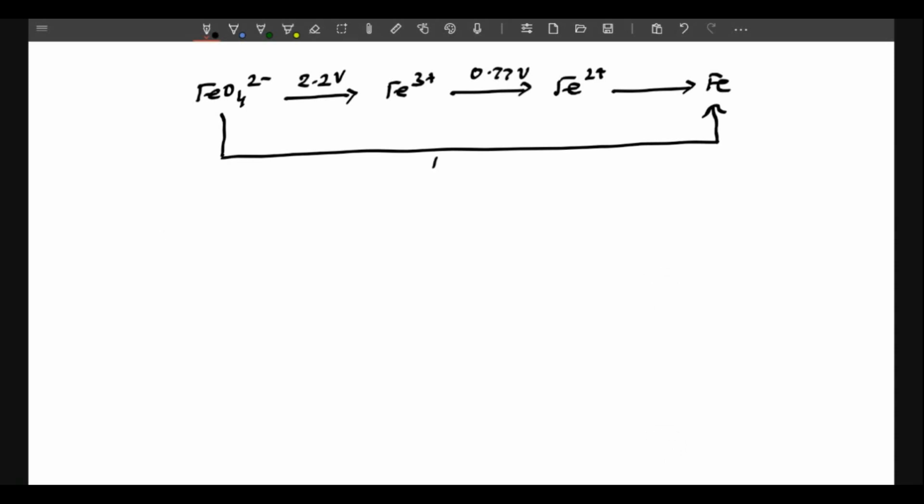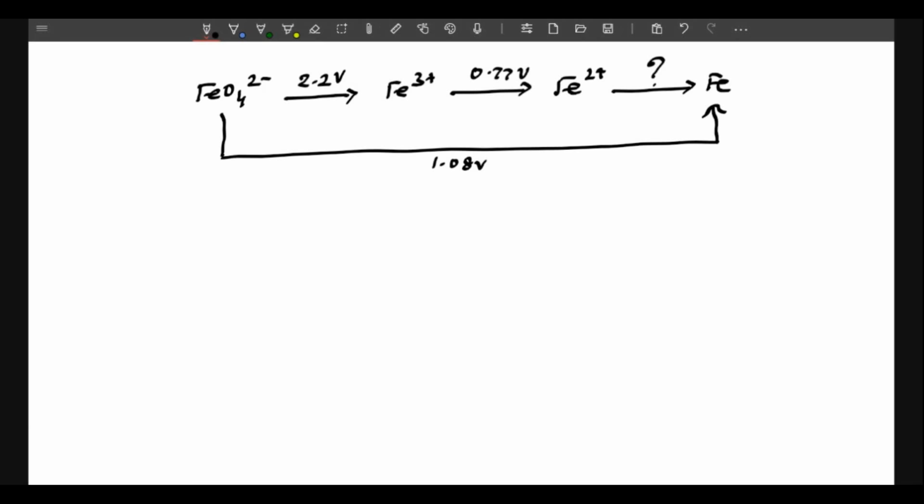The value is 1.08 volt. Find out the value for this electrode potential. And how to write down the relationship.